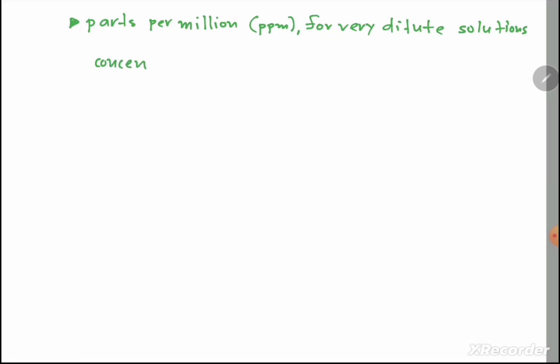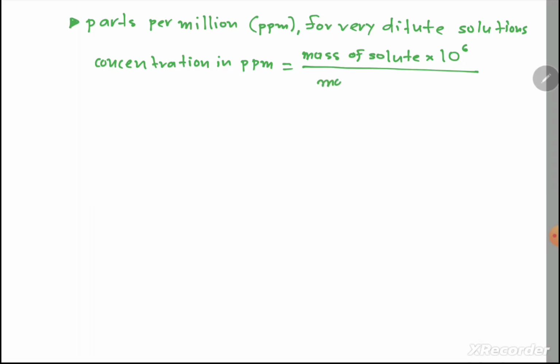Concentration in ppm is equal to the mass of solute times 10⁶ divided by the mass of solution.